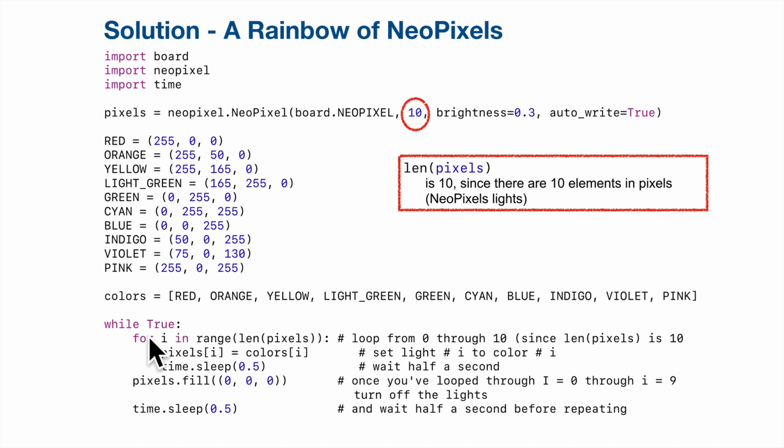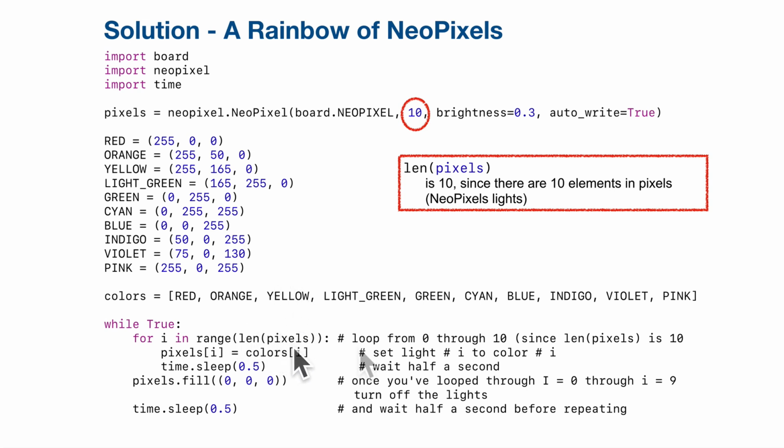So by saying we're going to go through a range which will be 10 here for the 10 lights, we'll start at 0, we'll go to 9, and so pixels 0, which is going to be our first light, is going to be color 0, which is going to be red. Then we'll sleep for half a second, and then we're going to loop back over here. Pixels 1 is going to be the second color, which is going to be orange. Pixels 2 is going to be the third color, which is yellow, and that's how we get our pattern.